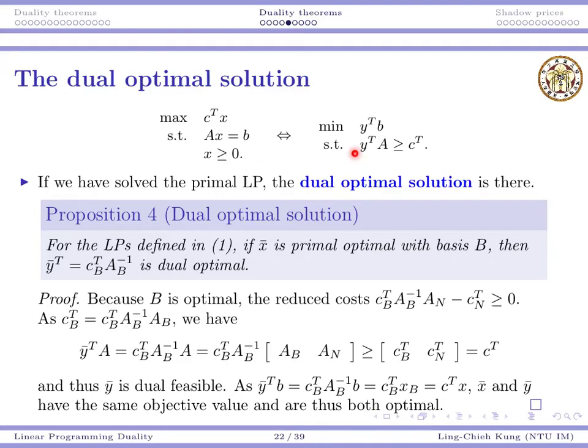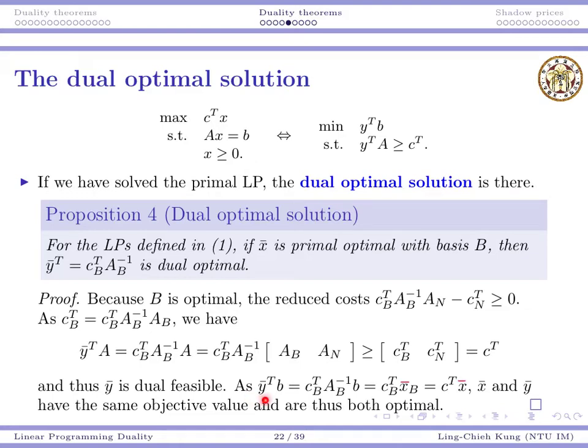And then, if Y bar is dual feasible, the last thing we need is to show that Y bar transpose B is equal to C transpose X bar. And that will tell us that these two solutions are primal and dual feasible and optimal according to proposition 3.